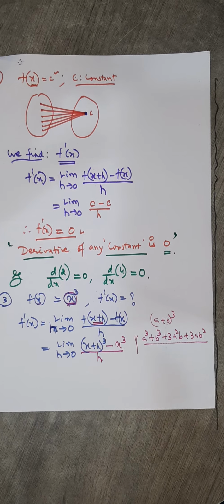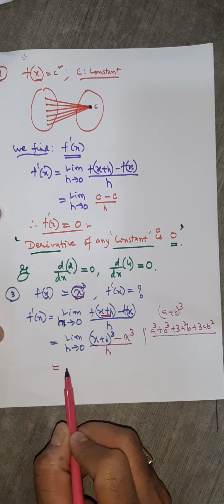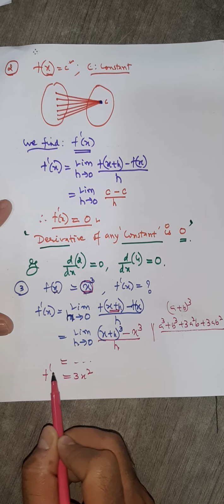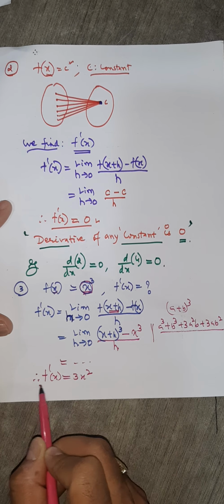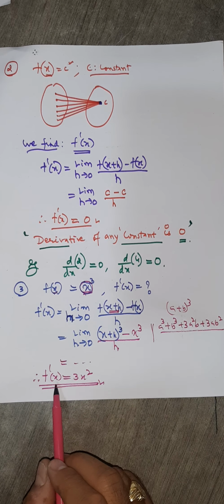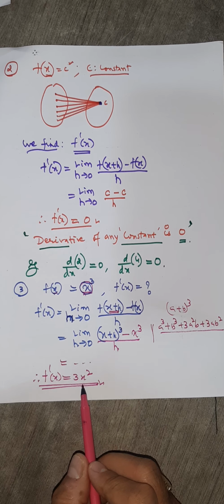So you just use this, take h common, cancel it. You will notice that you will get 3x square. So what I'm trying to tell you is the derivative of the function f(x) equals x cube is 3x square. You know this. Fine.